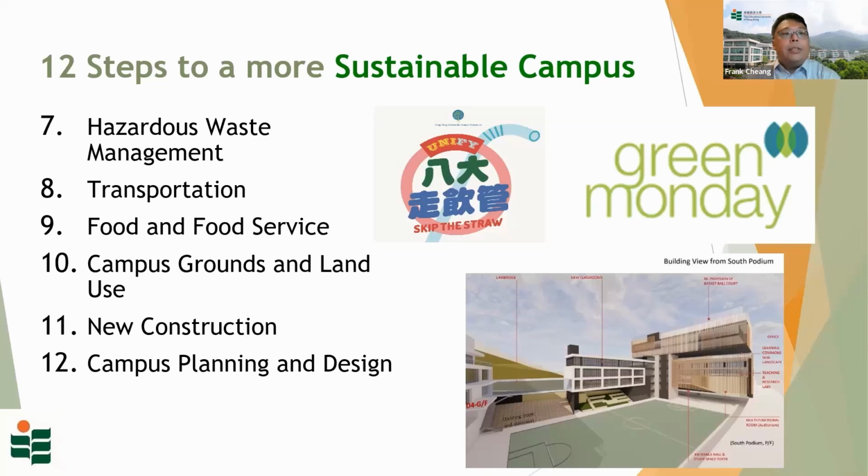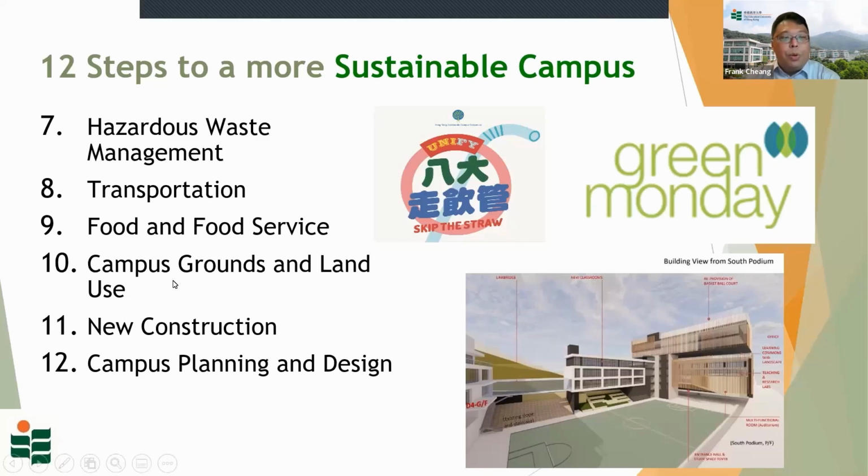For the other steps, which are mostly related to campus development, for example, land use, any new constructions, or even the whole planning or design of the campus, if we want to become a more sustainable campus, we can also think about how we can do it in these aspects. For example, in the Education University, we will establish a new building.